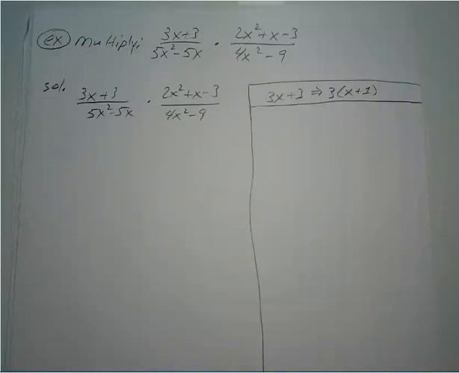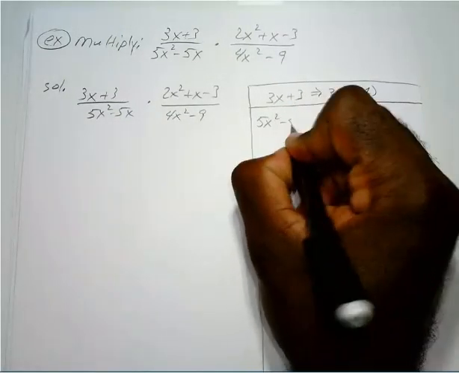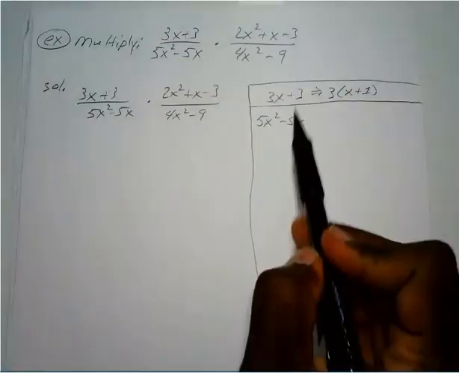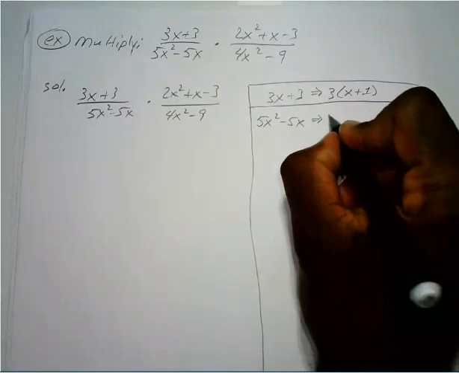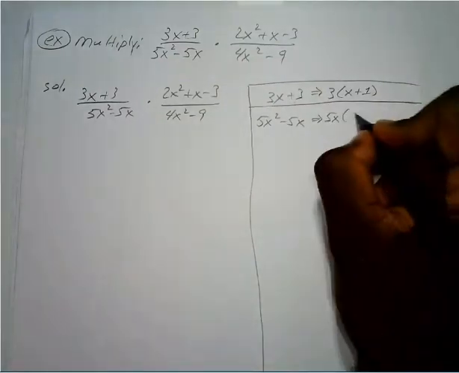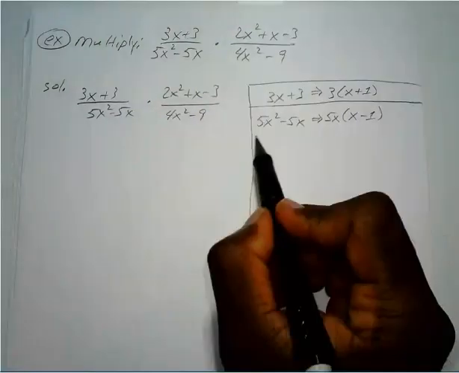Okay, same thing with 5x squared minus 5x. We can factor a 5x out of both of those. So we factor out a 5x, and we're left with x minus 1. So that one's pretty straightforward.